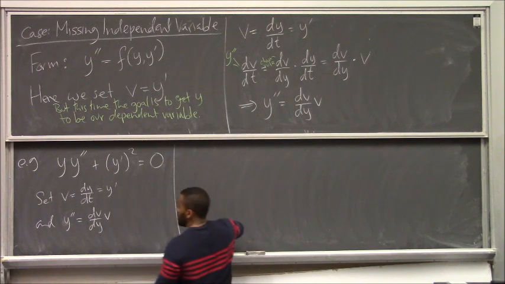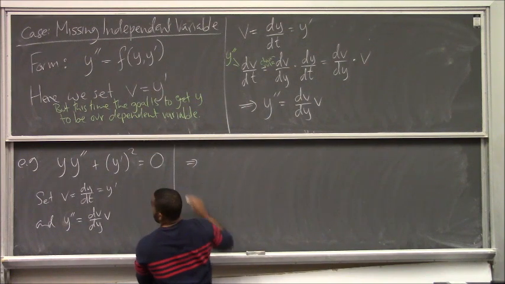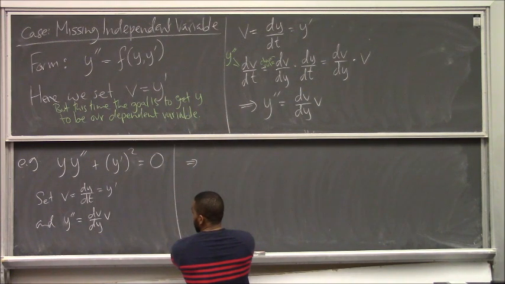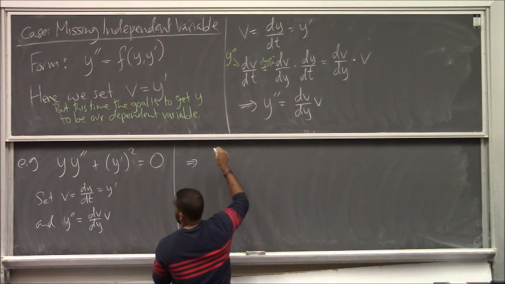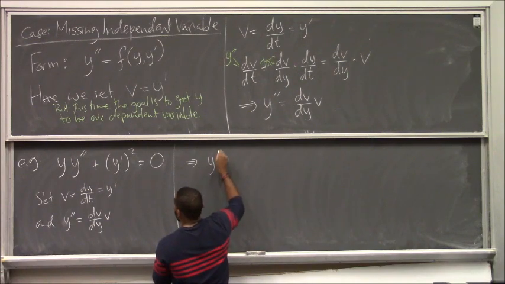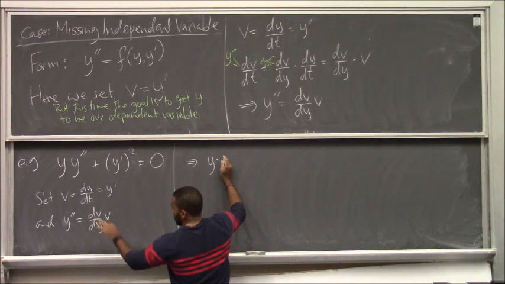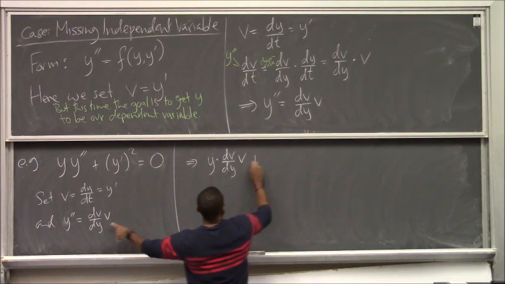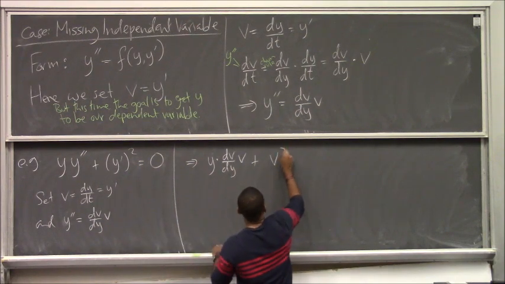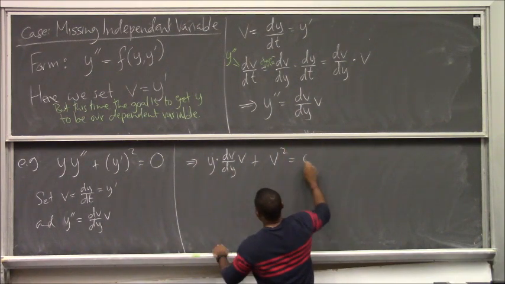By plugging that in, we would get the following: y times dv dy times v, plus this guy here, v squared, equals 0.